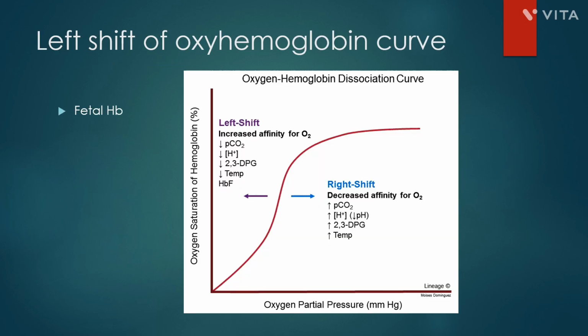Now, what is the cause for left shift of oxyhemoglobin curve? So you have to know this: what is left shift, what is right shift, what are the causes of left and right shift.